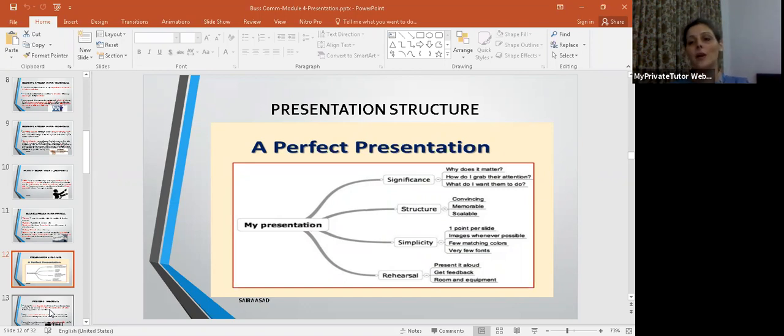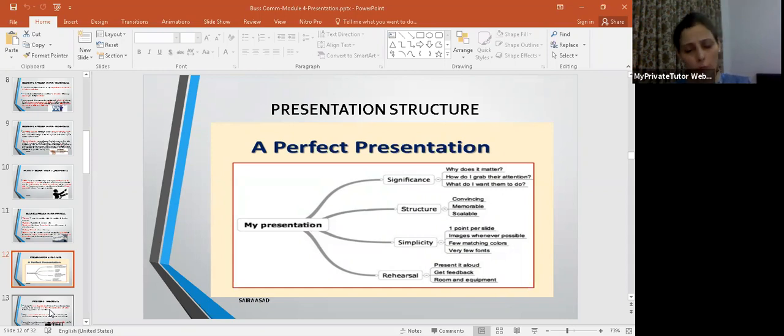You have to work on your presentation slide by slide, and simplicity should be there for business communication. No need for catchy and dark background slides, and put images wherever they are required, because you are here to persuade the other person. It is better to have one point or a few points.